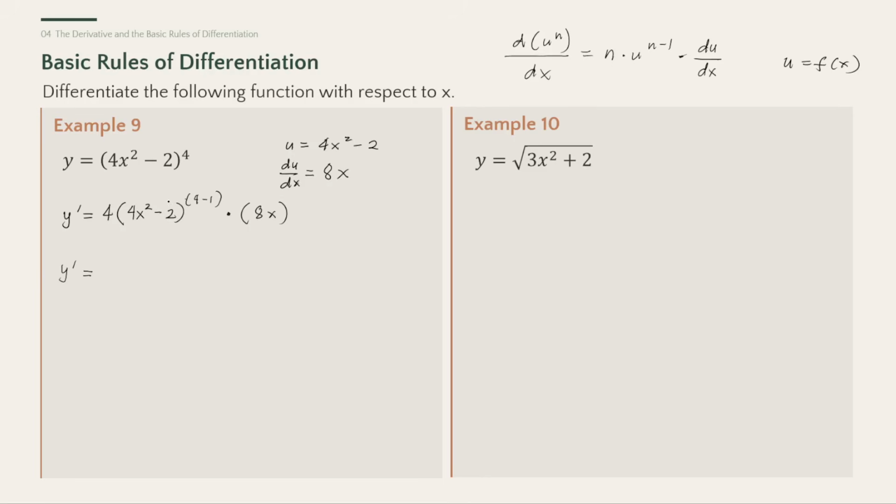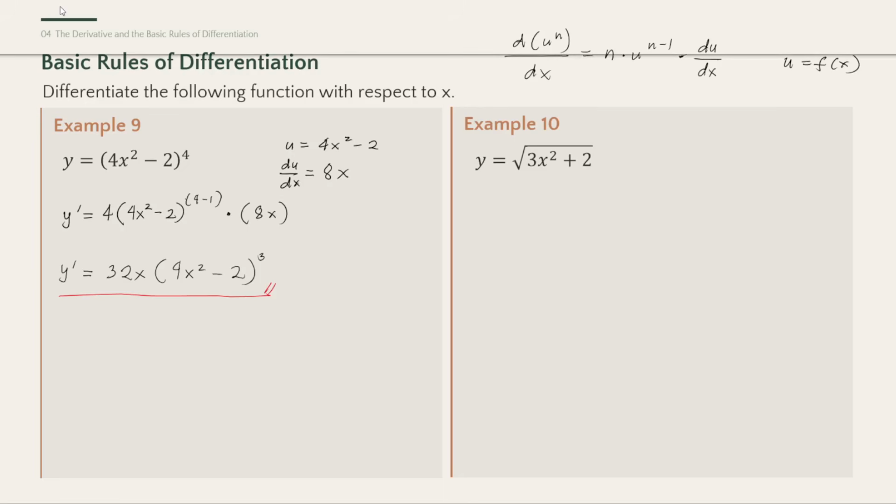If you want to expand this, that will be doing the opposite of simplifying. Therefore, we can just multiply 8x and 4, so that is 32x, and write this as is, then raised to 3. And this answer is acceptable. You don't need to expand this.